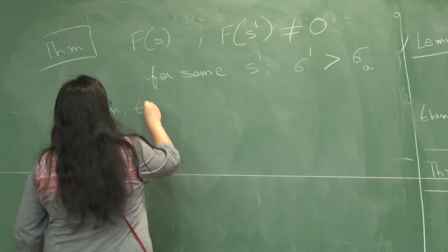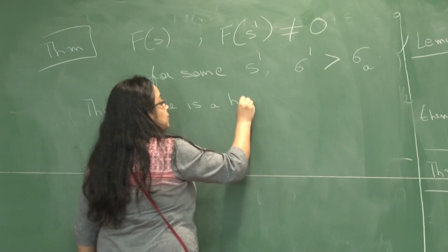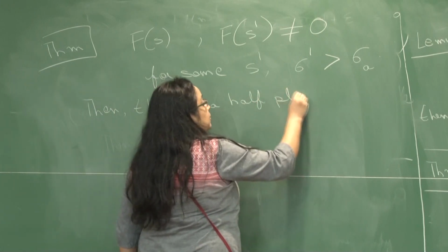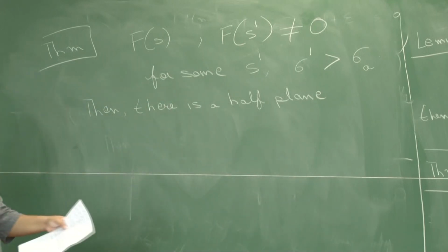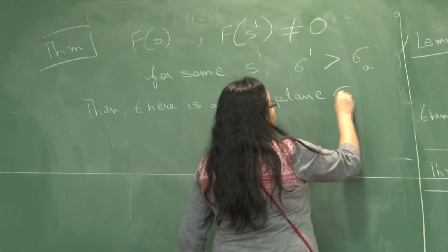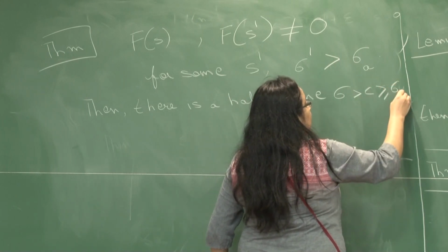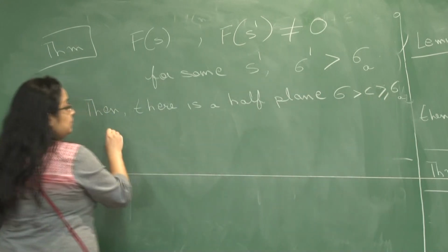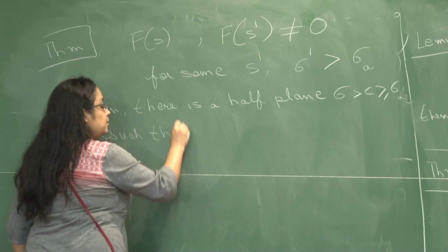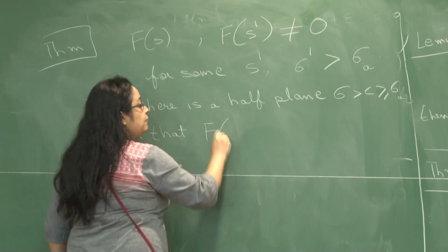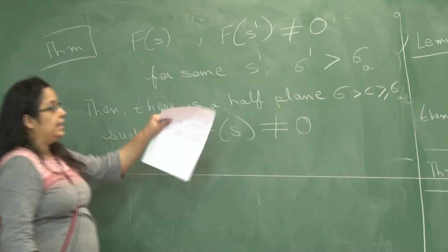So there is a half plane lying inside the half plane of absolute convergence, such that capital F of s is not equal to 0 in this half plane.